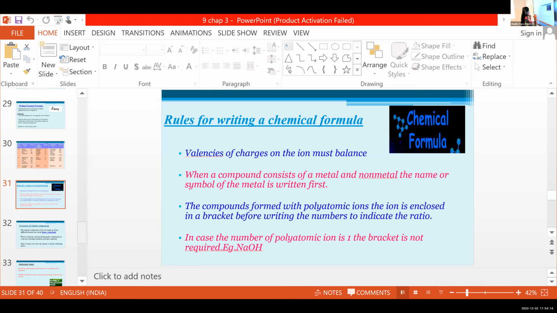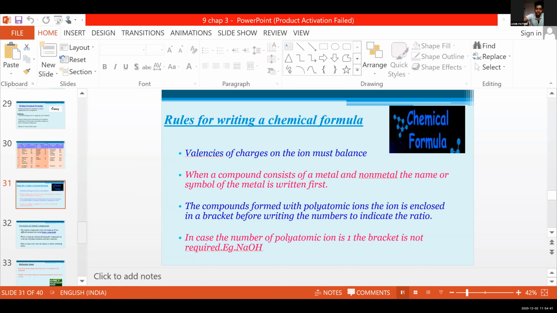Then the second rule, when a compound consists of a metal and a non-metal, the name or symbol of the metal is written first. That I already told you, right? In the case of NaCl, which is the metal here?